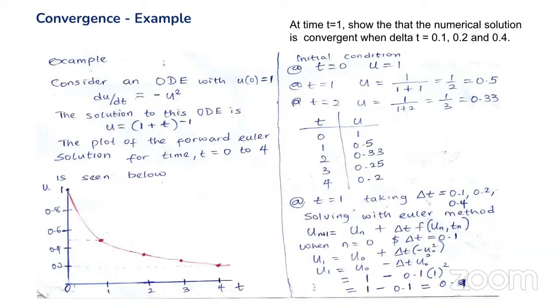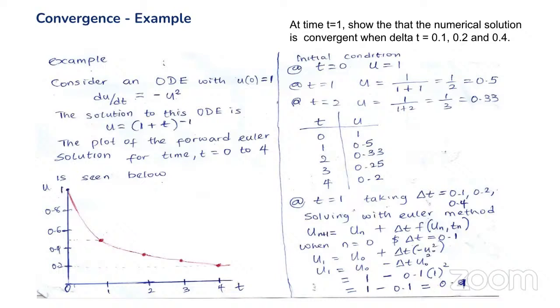Okay, so we are solving the question now. At t equals 1, we should show that the numerical solution is convergent when delta t, the change in step sizes, equals 0.1, 0.2, and 0.4. We are using the Euler method again for this differential equation.